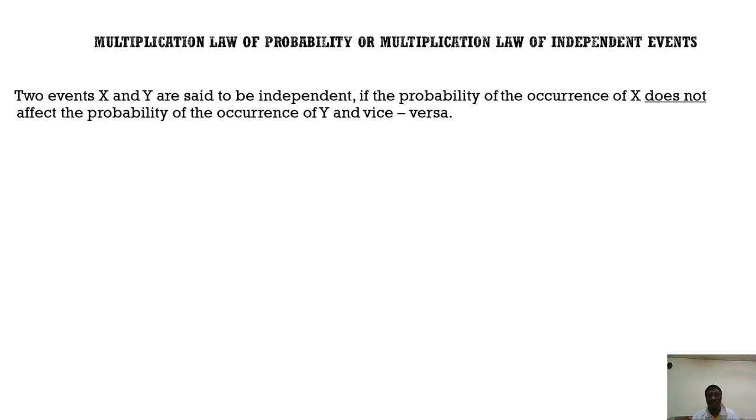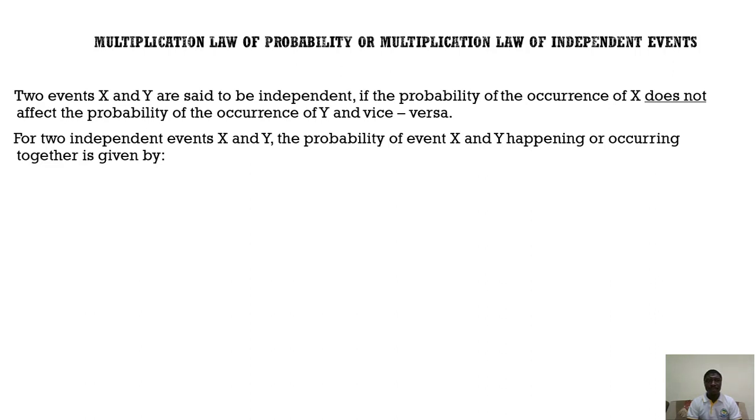So if X and Y are independent events, then the probability of the occurrence of X does not affect the probability of the occurrence of Y. The vice versa here means that the probability of the occurrence of Y also does not affect the probability of the occurrence of X. I hope that is clear there.